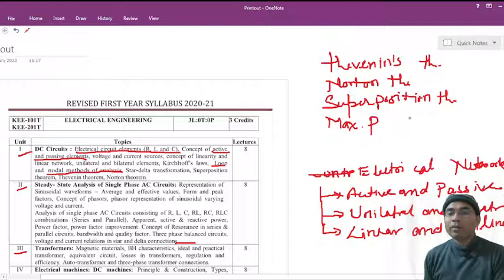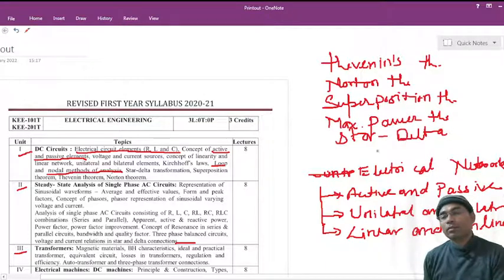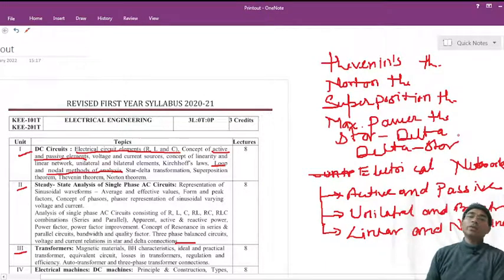So we will cover this theorem in this unit, maximum power transfer theorem. And then there is another topic, that is star delta or delta star transformation. So these are the topics which you will cover in this unit.